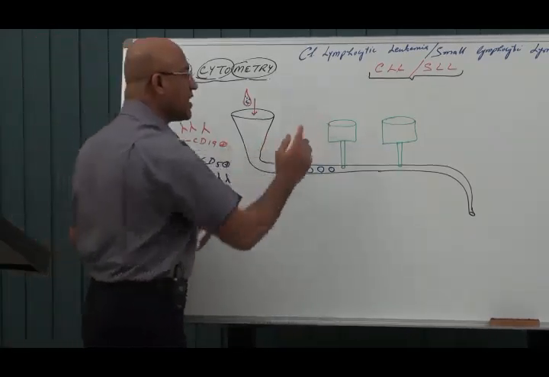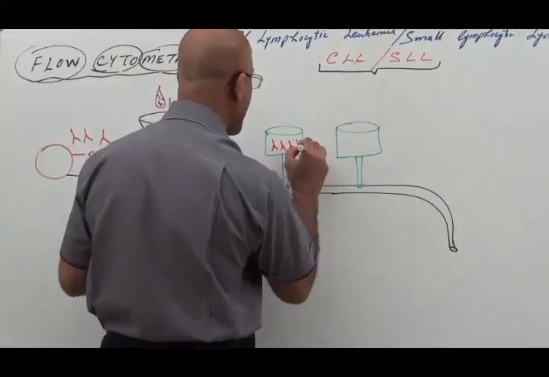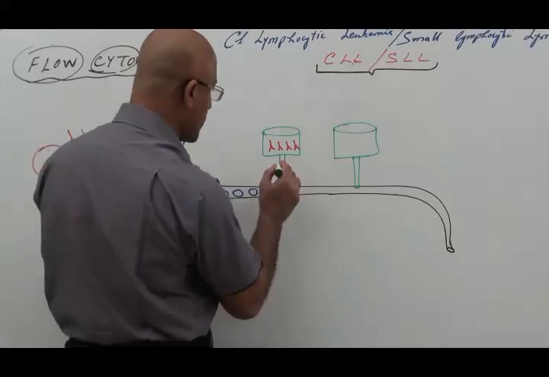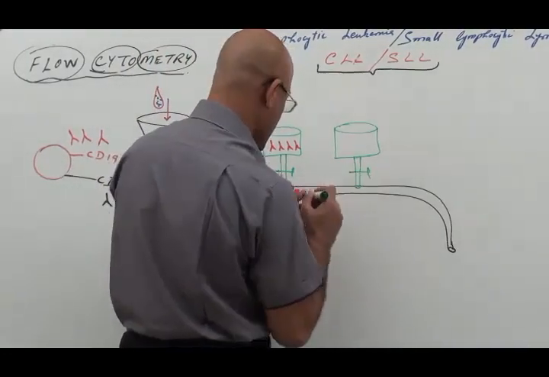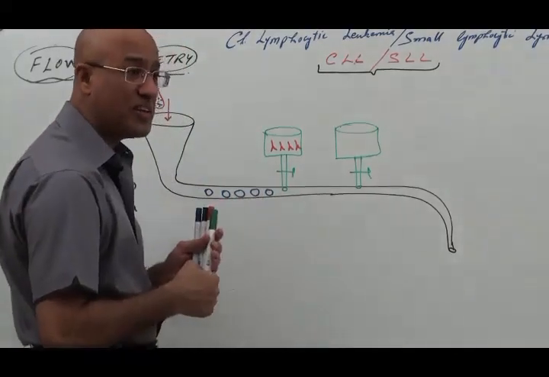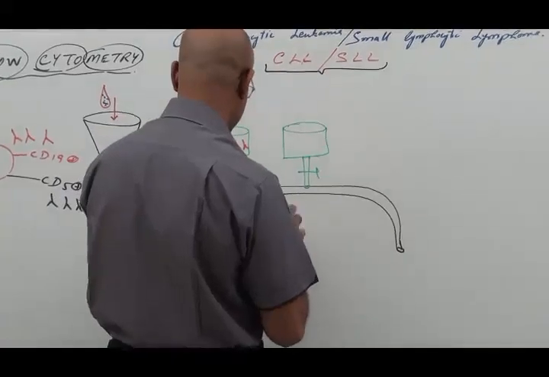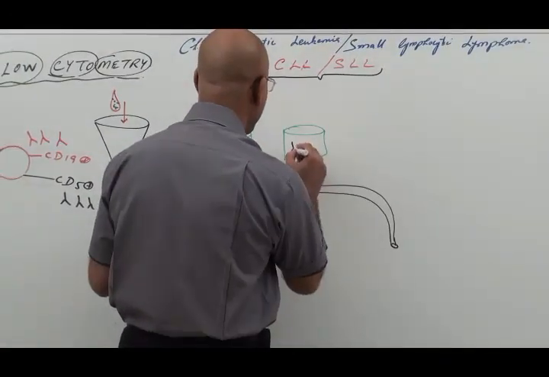So on one side, let's suppose we put antibodies here, anti-CD19, and here is a stopper. The company which makes the flow meter, if they look at my diagram, they'll commit suicide because I made it so simple and they're charging so much for this thing. Anyway, and what is this?